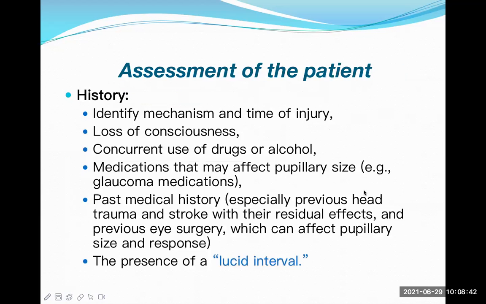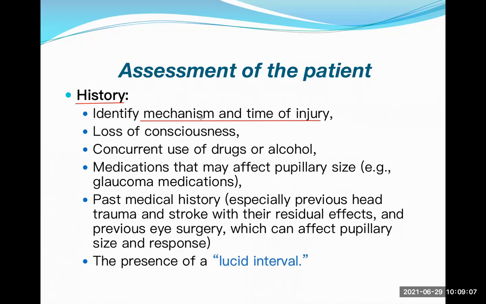Now, the important point: how to assess the patient. That's what we would like to discuss in today's class. Regarding the history, identify the mechanism and time of injury. What was the patient doing at that time? Did the patient fall from a height? Did the patient suffer a road traffic accident or motor vehicle injury?